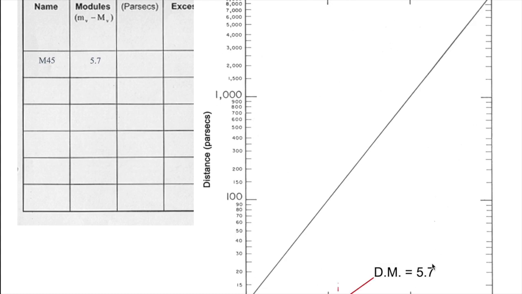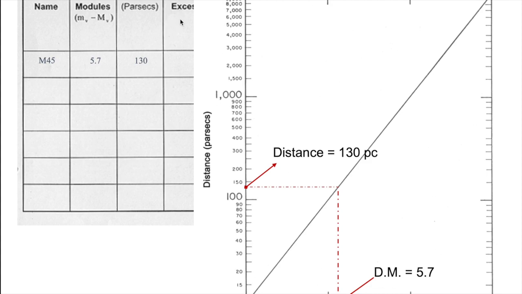You go up to the line, and then you go over, and we mark it as about 130 parsecs. Right, very easy to read. This is a logarithmic graph, so it is a little more difficult than just a normal graph, but you shouldn't have too many problems. Just do your best, give it your best shot. All right. So we mark down it's 130. We write it down in our graph.